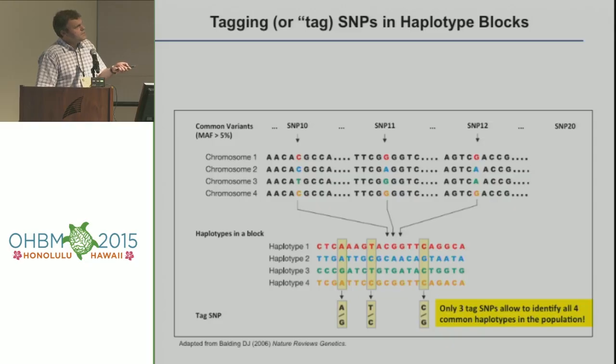Here is the sequence, the SNPs within, and here is just the information of the different SNPs within that block. As you can see, there are only 3 SNPs here that would really distinguish. If you know the allele at that particular SNP position, you know what haplotype you have in your individual.